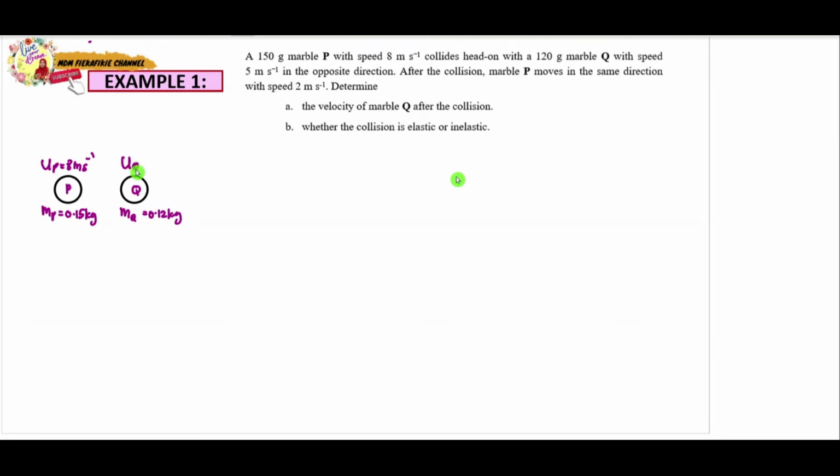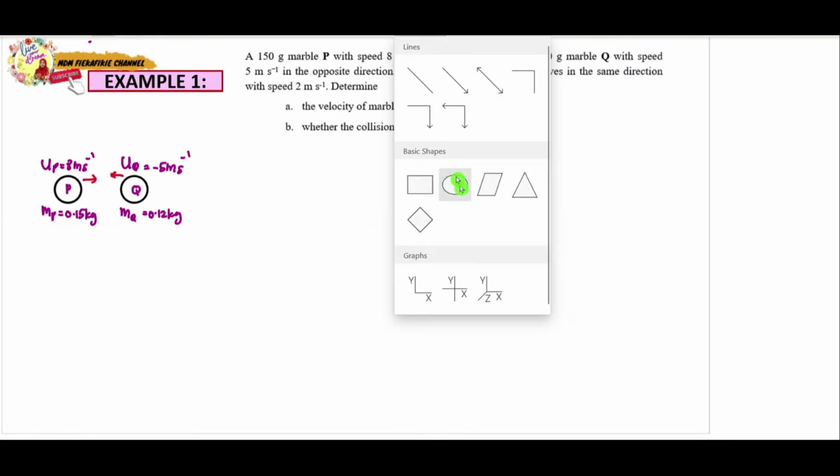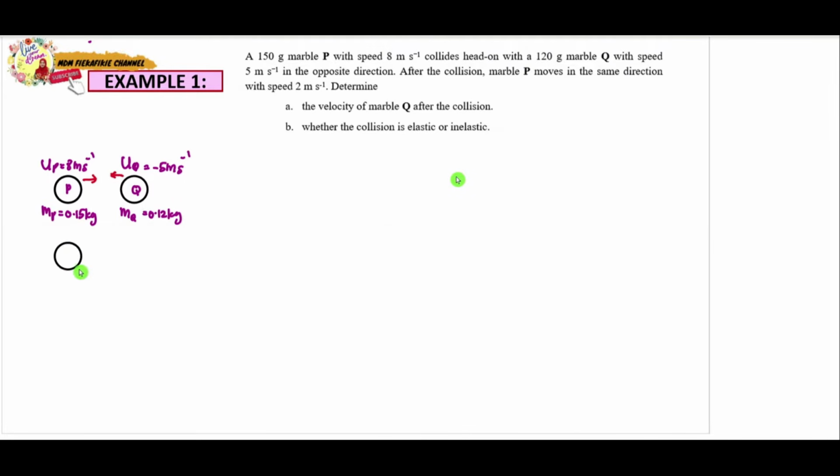Okay, so since UQ will move to the left, okay, so let's draw the arrow. Alright, so UQ should be negative 5 meter per second. Okay, and then after collision, marble P move in the same direction. So what happened after collision? Alright, so the question state that marble P still move in the same direction. Alright, so this is P. Okay, and Q, how about Q?